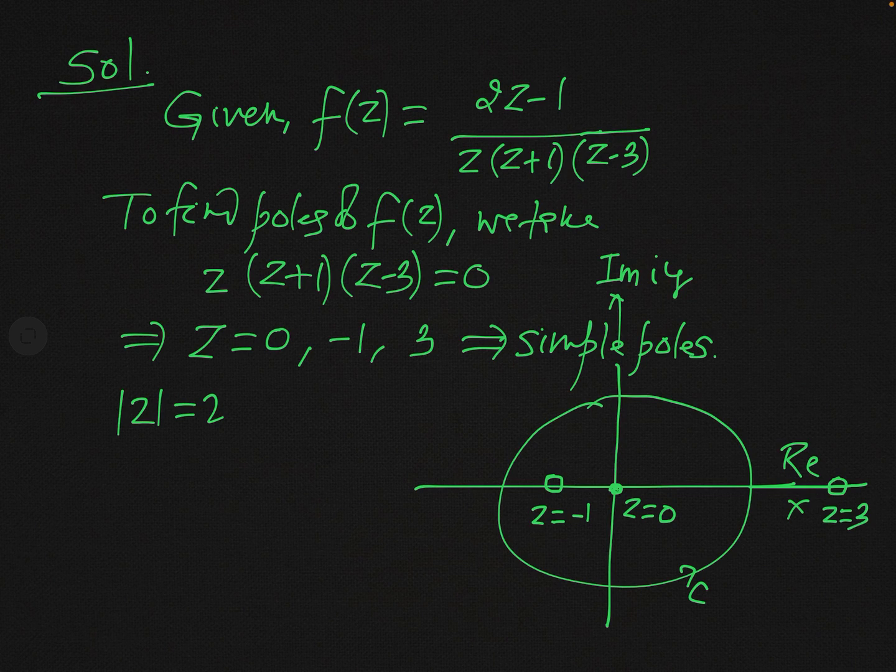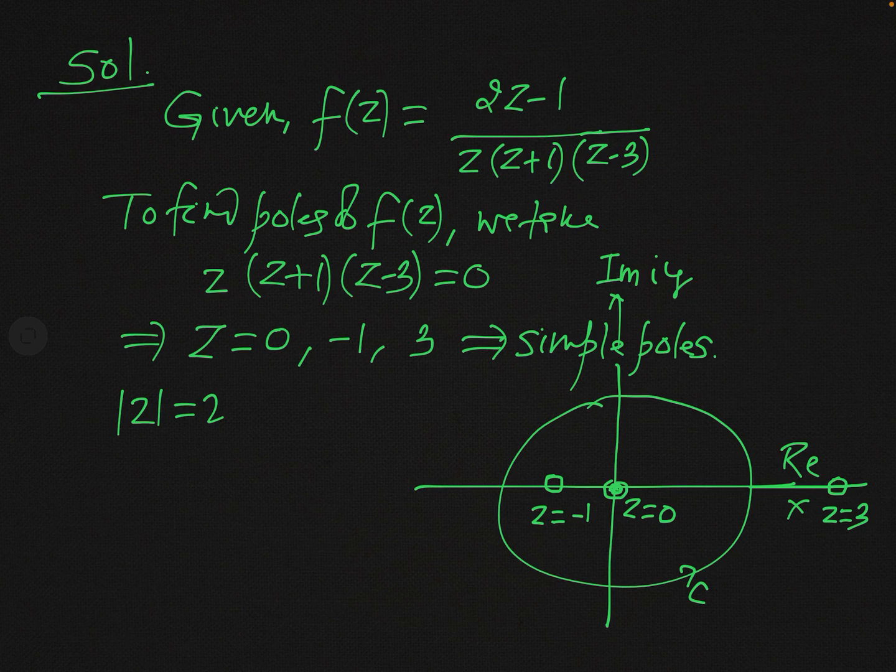And so you can see that among these 3 isolated singular points, only 2 isolated singular points which are z equal to 0 and z equal to minus 1 are inside this circle C. So for applying this Cauchy residue theorem, we will need to evaluate the residue of this function at only these 2 singular points, that is z equal to 0 and z equal to minus 1.